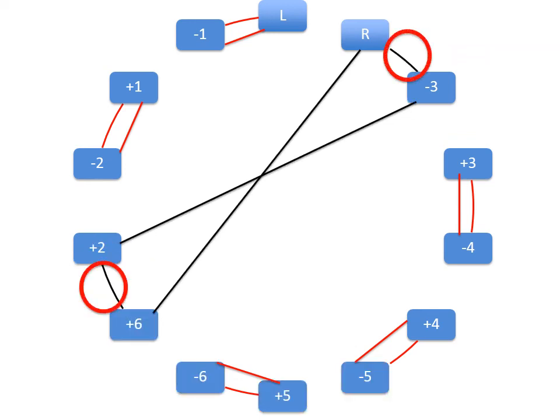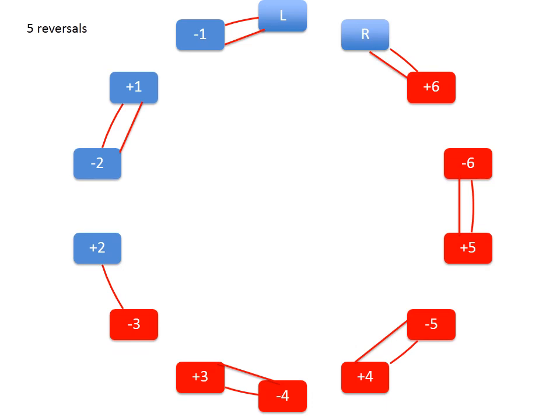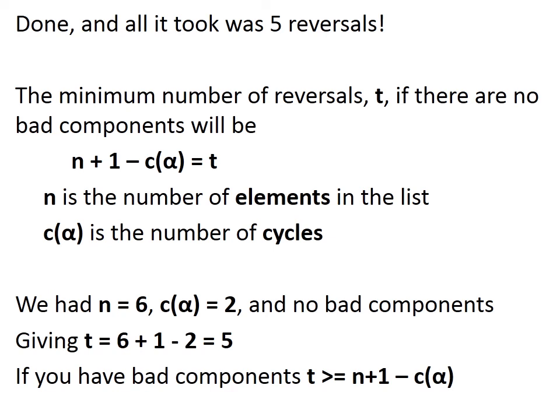Select those 2 edges that diverge, perform the reversal, put back in our desire edges, and now everything has been placed into these small little groups of the cycles with 1 reality edge and 1 desire edge. And if you look around the outside of the circle, everything is in order. And that took us 5 reversals. So we're all done there. And all it took was 5 reversals.